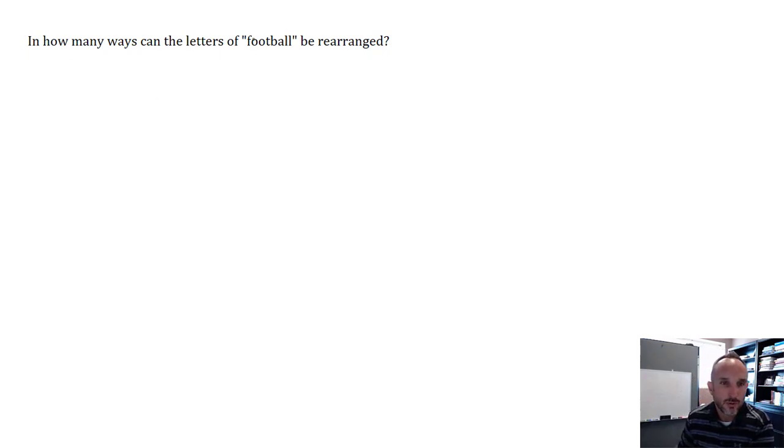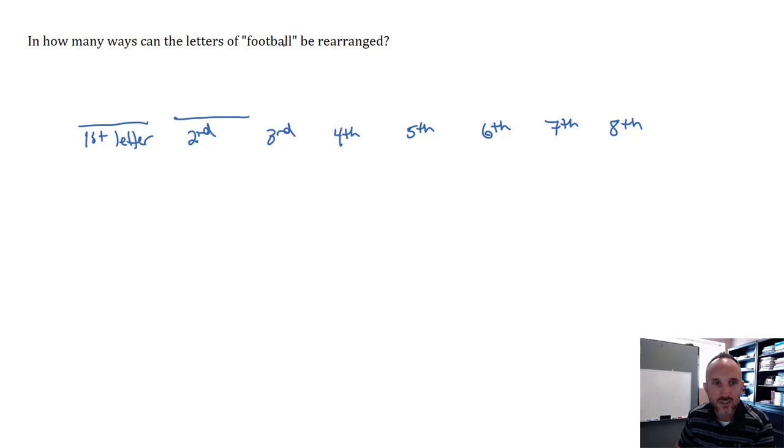So for football, we have 1, 2, 3, 4, 5, 6, 7, 8 letters. So we're going to have a first letter, second, third, fourth, fifth, sixth, seventh, eighth. We're going to count these arrangements as if every character here is unique first.